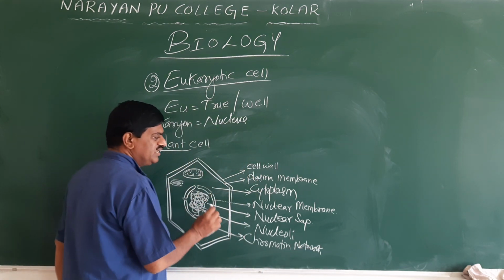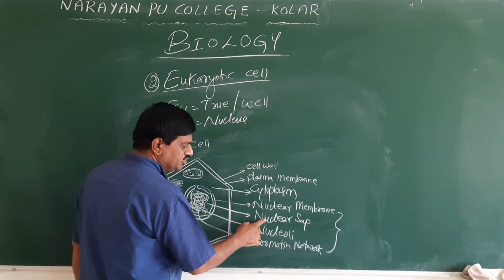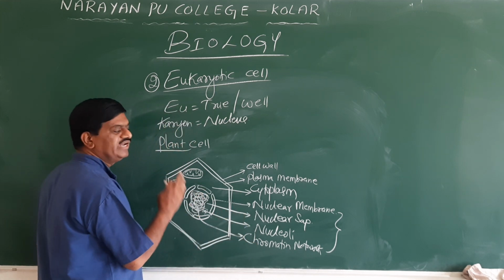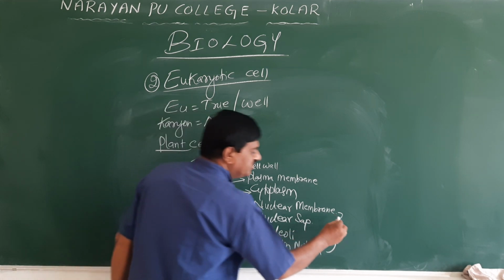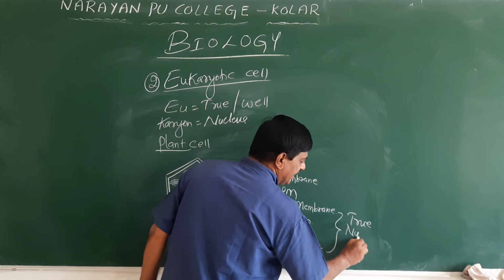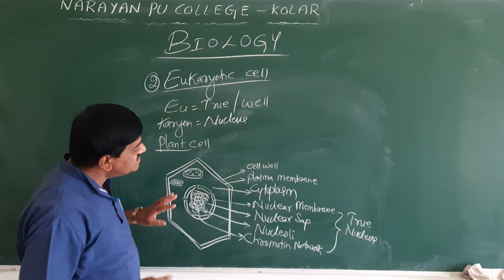So when a cell has all these four components, nuclear membrane, nuclear sac, nucleoli, and chromatin network, this type of cell is called a well-developed nucleus, or true nucleus, or eukaryotic cell.